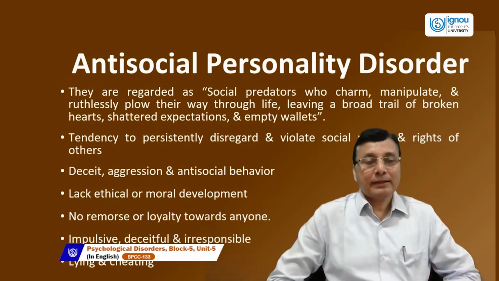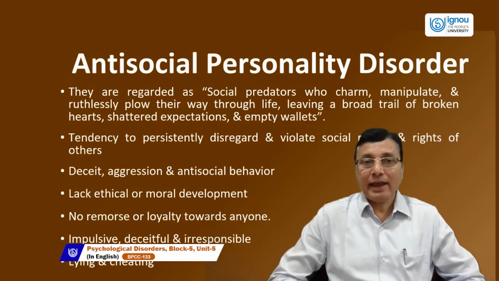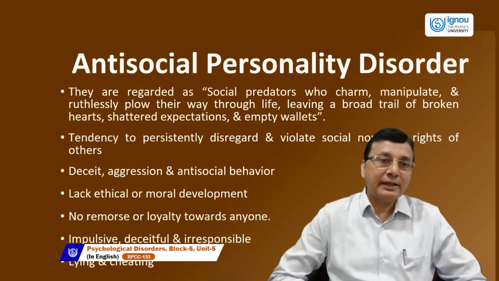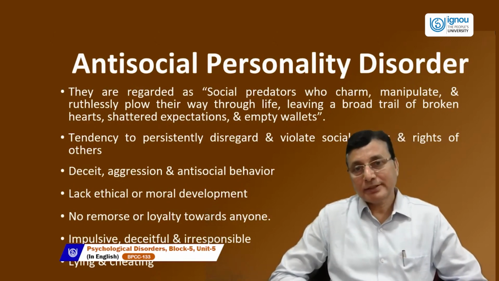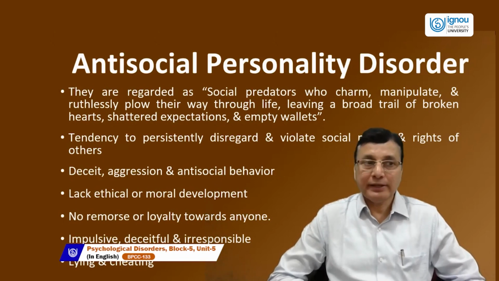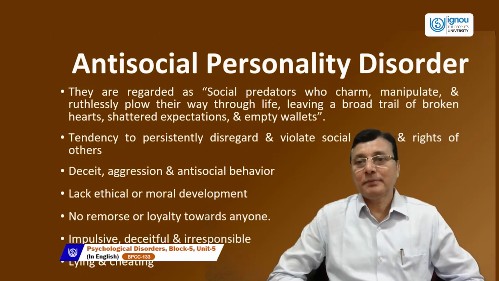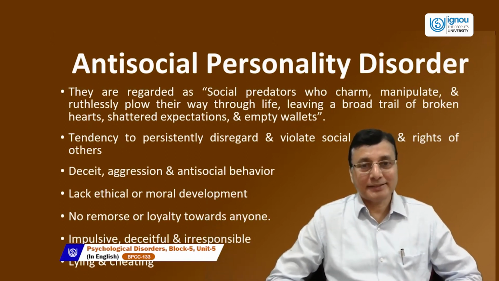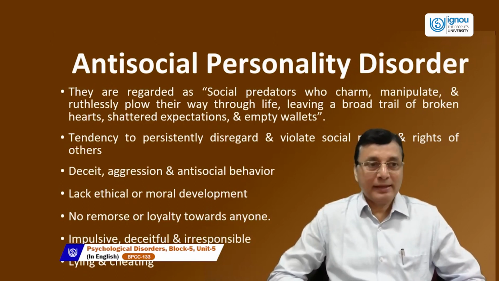Another cluster B personality disorder is antisocial personality disorder, ASPD. They are regarded as social predators who charm, manipulate, and ruthlessly plow their way through life, leaving a broad trail of broken hearts, shattered expectations, and empty wallets.